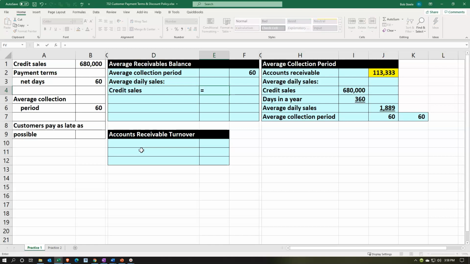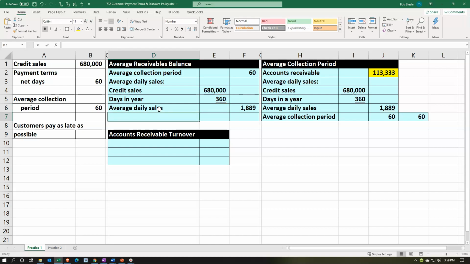And then we have the average daily sales, colon, subtotal credit sales is going to be equal to, I'm putting this in the inner column, this 680. Then we have the days in year, assuming even 30 days each month equals 12 times 30 to make it nice and round. Home tab, font group, underline, and that's going to give us the average daily sales in the outer column, this being equal to the 680 divided by the 360, and then we can pick up our average receivables.